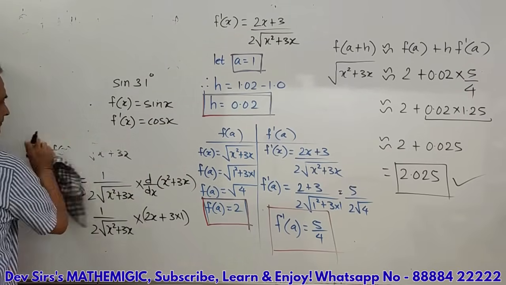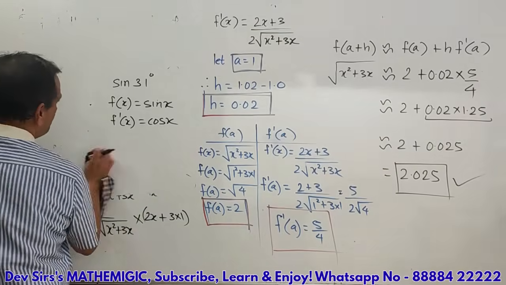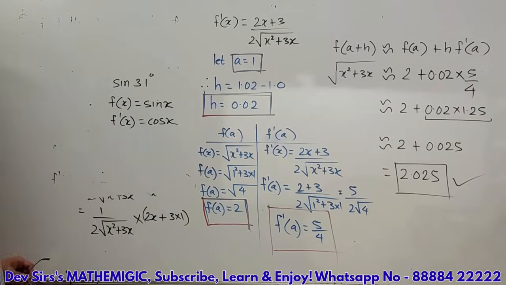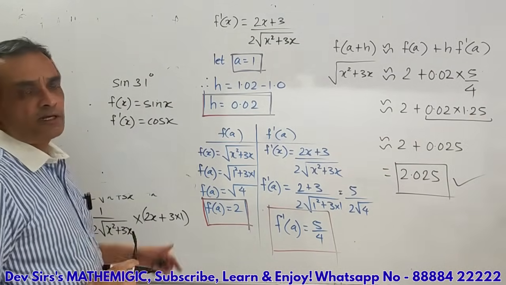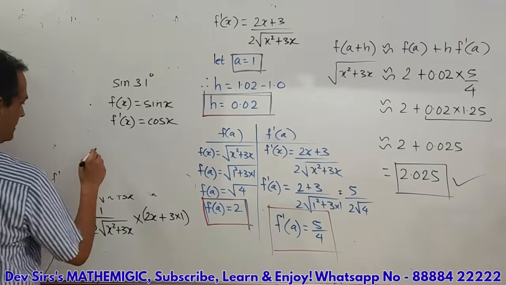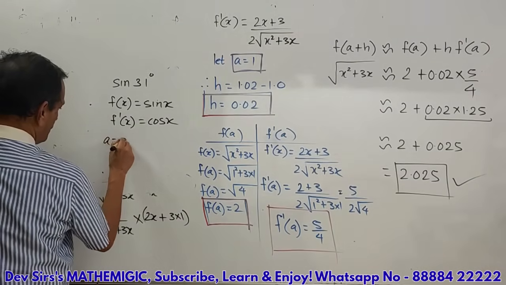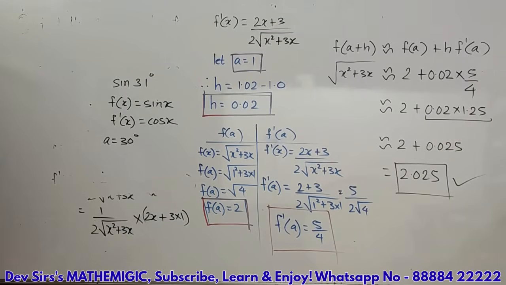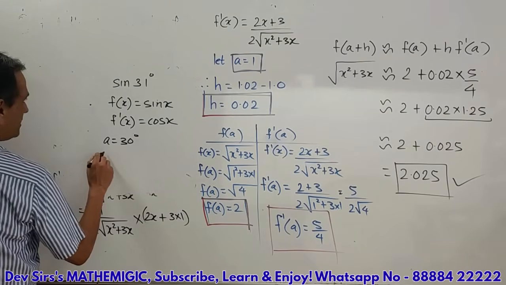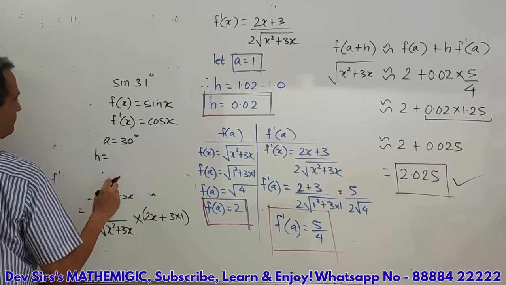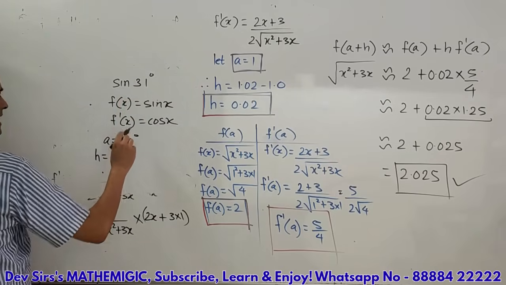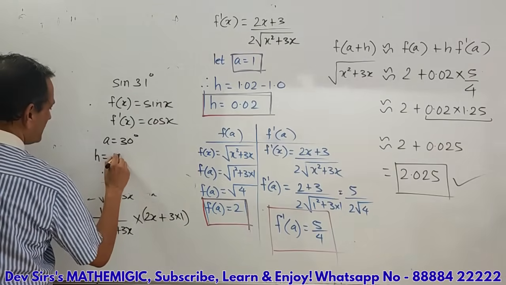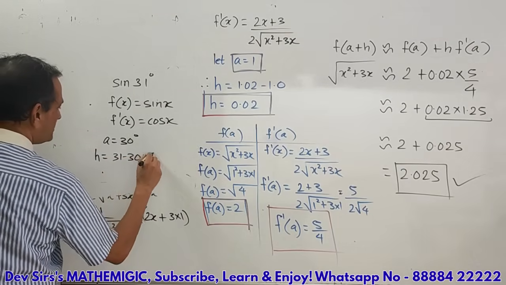Then the number nearest to 31 is 30. Therefore h equals original number minus a, 31 minus 30, that is 1 degree.